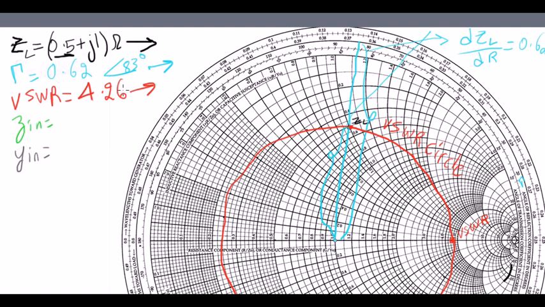From the question, it's given that the line is 3.3 wavelength long.